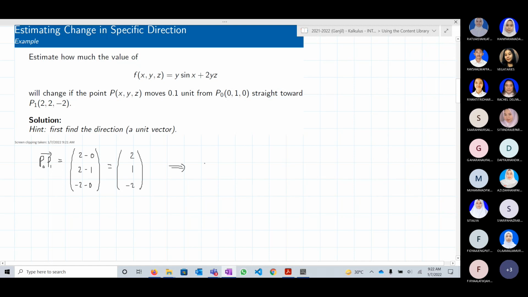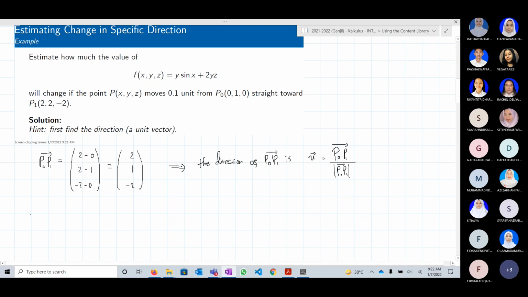Then the direction of the vector P0P1 is u, which is equal to the vector P0P1 divided by its length, the norm of P0P1.